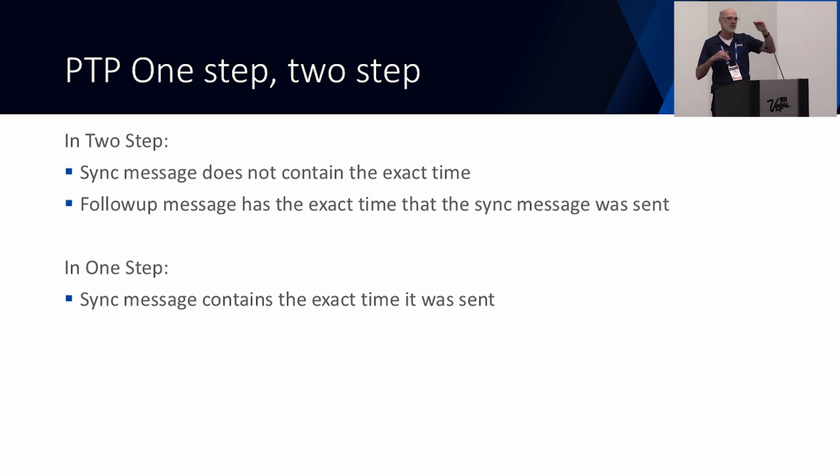So now you have a sync message, and the follow-up says, by the way, that sync message was sent at that time. We solve the problem that way. If it's a system that's able to accurately figure out what time it is when it sends the message, then we can do one-step, where all we get is a sync message that has the accurate time it came out, and there's no follow-up message. So one-step is just the sync; two-step is sync and follow-up.